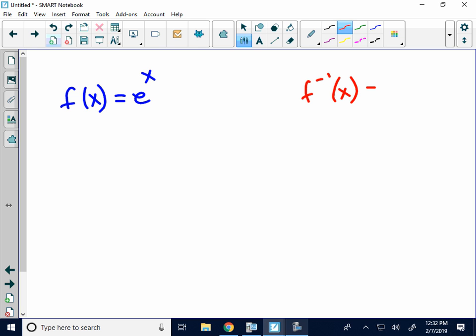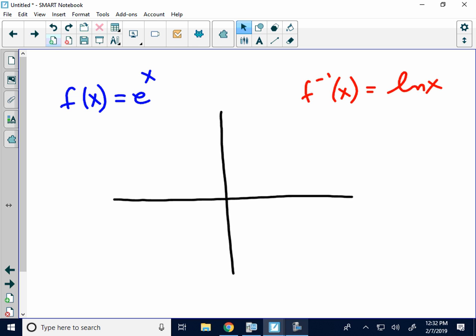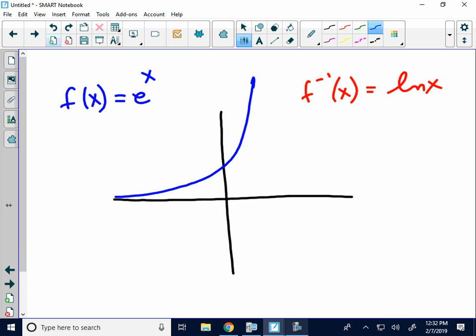And if we draw graphs of these, just like we did before, you would note that the exponential grows like this, right? And the logarithmic grows like this. And if we were to put in the line y equals x, just as we did before, we would see that they are mirror images of each other.